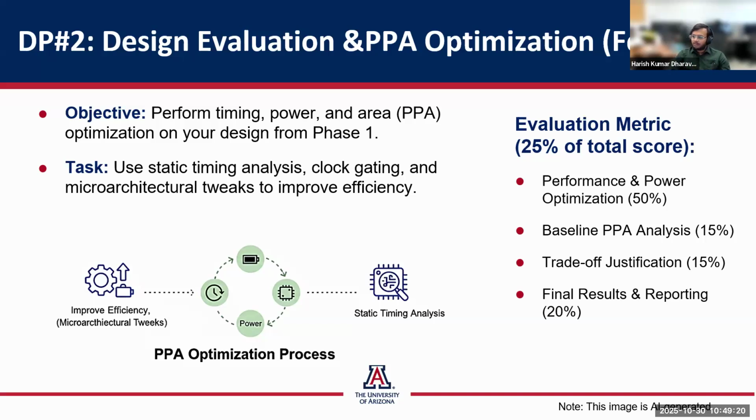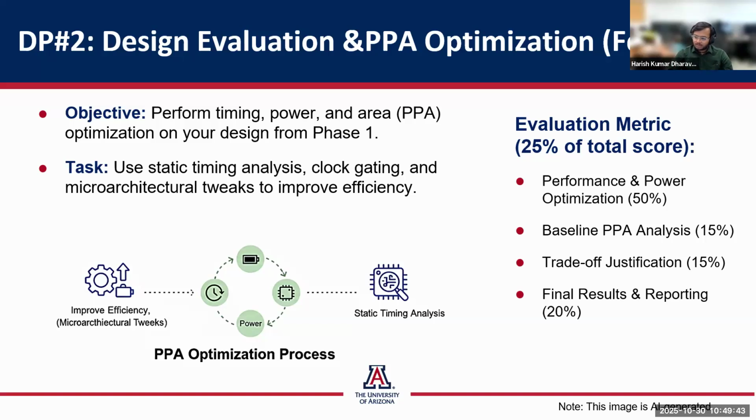Throughout this, you're going to have an evaluation metric that focuses mostly on performance optimization, and then we are going to do a baseline PPA analysis of how your design is running, or how much optimization has been done from your previous design to the optimized design.